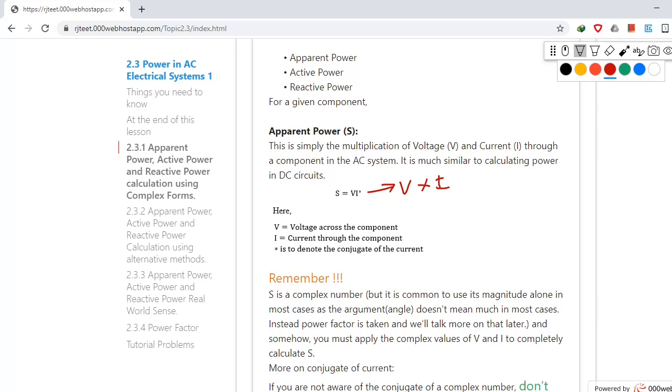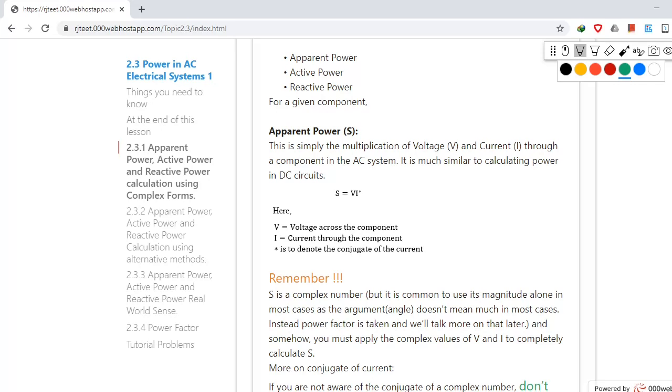So you find the conjugate of the current and substitute it there. Now you have a multiplication of two complex numbers. If you know complex number theory, maybe you can solve it using that theory, or else don't worry, you can always use the scientific calculator and simplify this, right?